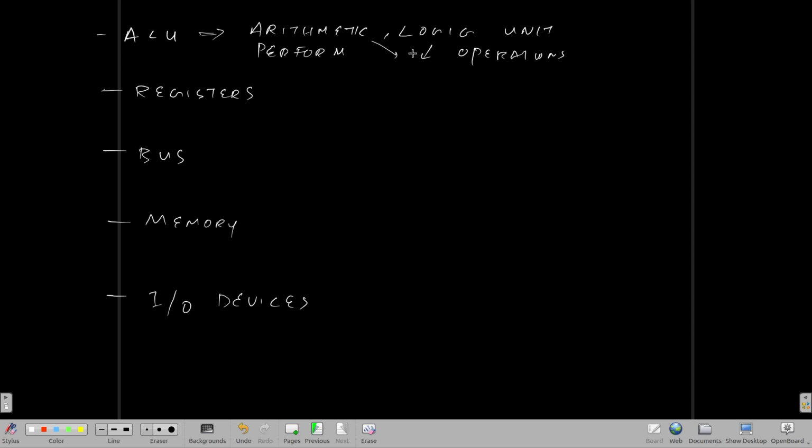Arithmetic operations means like a plus b, a minus b, a and b, a XOR b, things like that, logical operations, whatever. So it requires operands, right, a and b, and also the result has to be stored somewhere. It is equal to something, right? The result has to be stored somewhere.